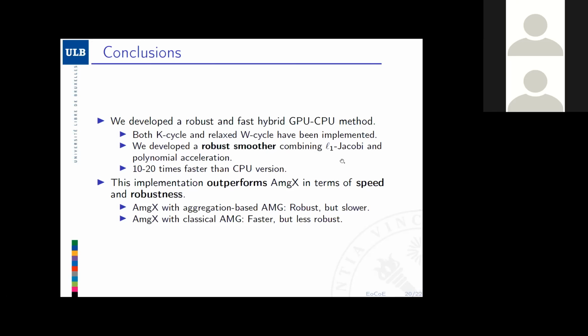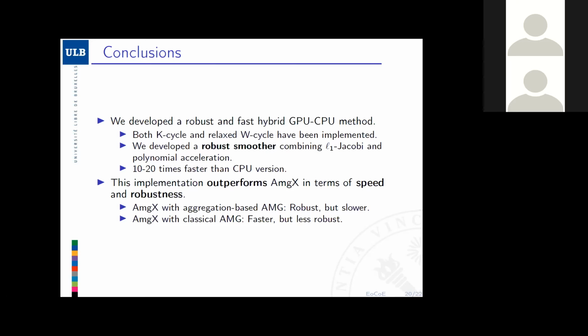We developed a robust smoother combining L1 Jacobi with polynomial acceleration, which is also fast thanks to this polynomial acceleration. And we have seen in the previous slide that it's 10 to 20, even 30 times faster than the CPU version. So this implementation also outperforms AMGX, which is a GPU-only AMG solver, in terms of speed and also robustness.